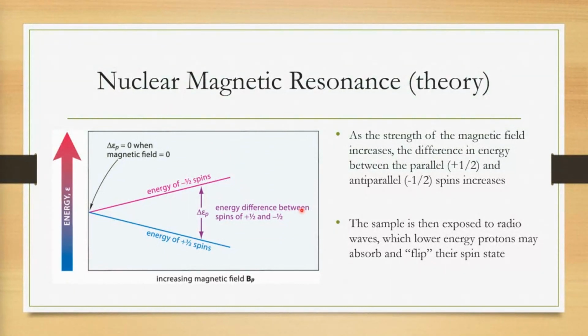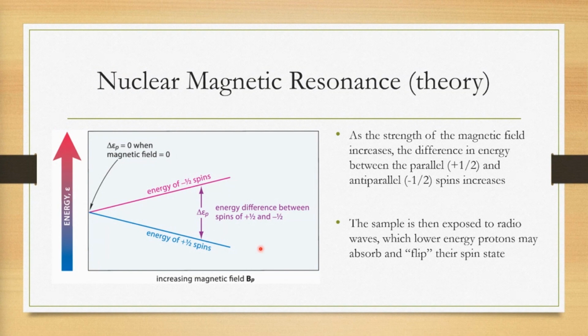So when we're looking at NMR, the difference in energy between the parallel and antiparallel states is generally within the radio wave frequency. And so after we've applied the magnetic field and exposed the sample to radio waves, the NMR instrument can then detect which frequency of radio waves are absorbed by the sample, and that will tell you about the nuclei that are present in the sample.